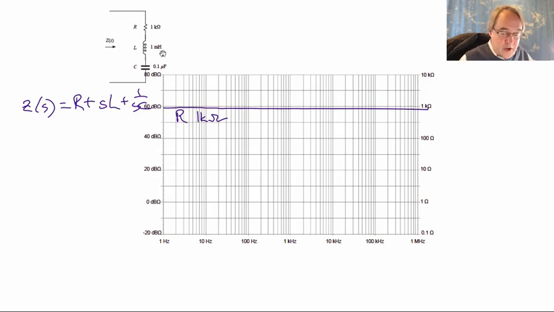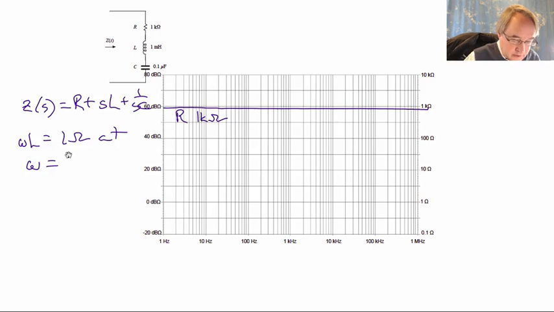The inductor is 1 millihenry. Let's find where 1 millihenry times omega equals 1 ohm. So omega L equals 1 ohm at omega equals 1 ohm over L, and F will be omega over 2 pi, so that's 1 ohm over 2 pi times L, where L is 1 millihenry, or 10 to the minus 3 henries.